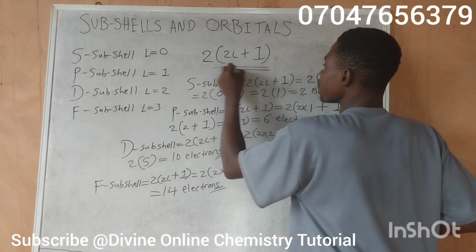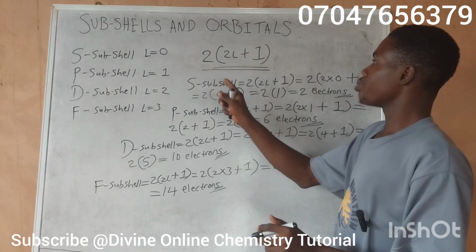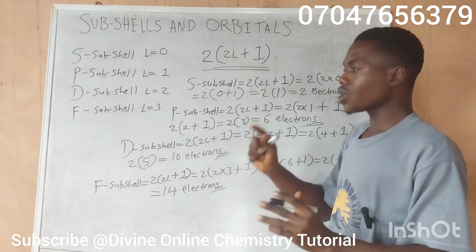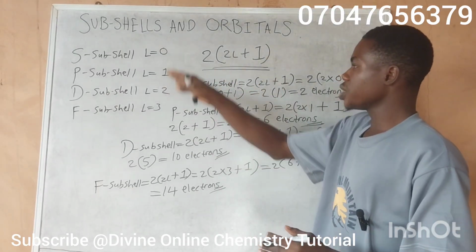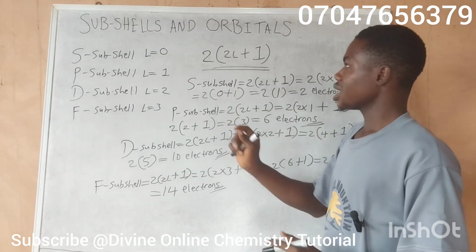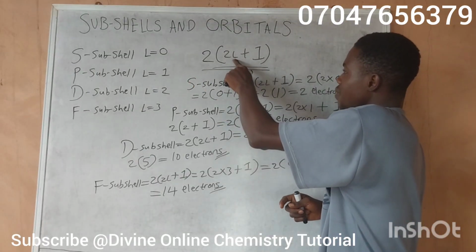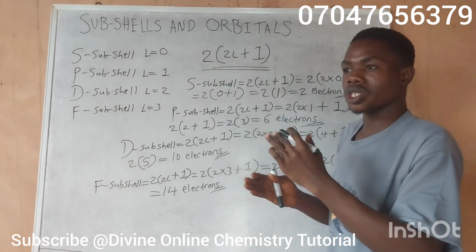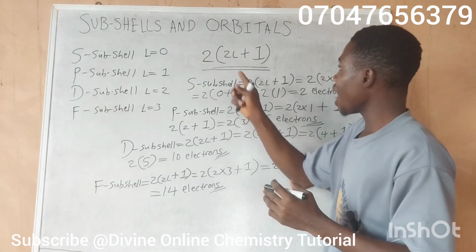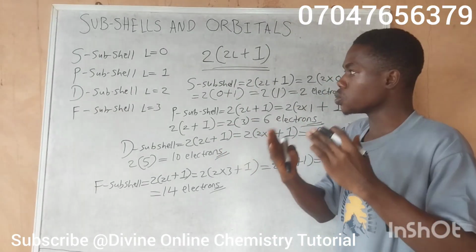So with this formula, 2 into bracket 2L plus 1, we can calculate the maximum number of electrons that each of these subshells can carry. Now please don't forget that L in this formula is the azimuthal quantum number.